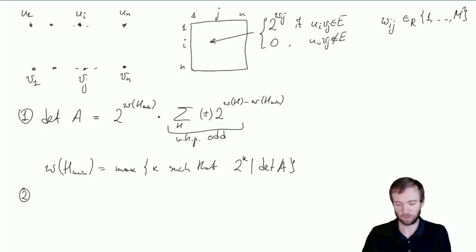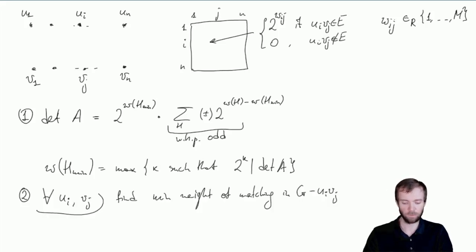Take every edge of the form ui vj, remove both endpoints of this edge, and by using the very same technique, find the weight of the minimal weight perfect matching in the graph G minus ui vj. And for every ui and vj, this is done in parallel.